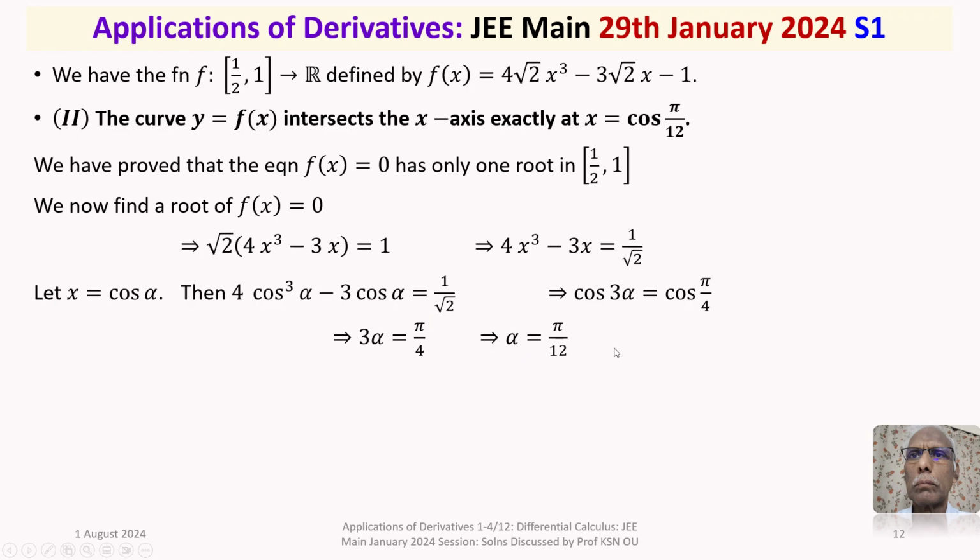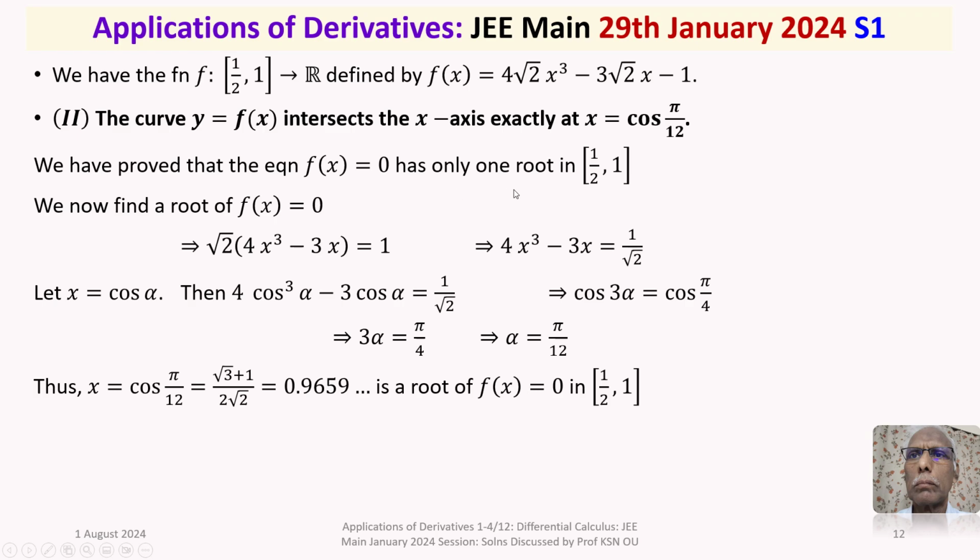That means this shows x is equal to cos pi by 12 is a root of the equation f of x is equal to 0 in this given closed interval. But cos pi by 12 value we know, root 3 plus 1 by 2 root 2. That will give rise to approximately 0.9659, which belongs to the closed interval half to 1.